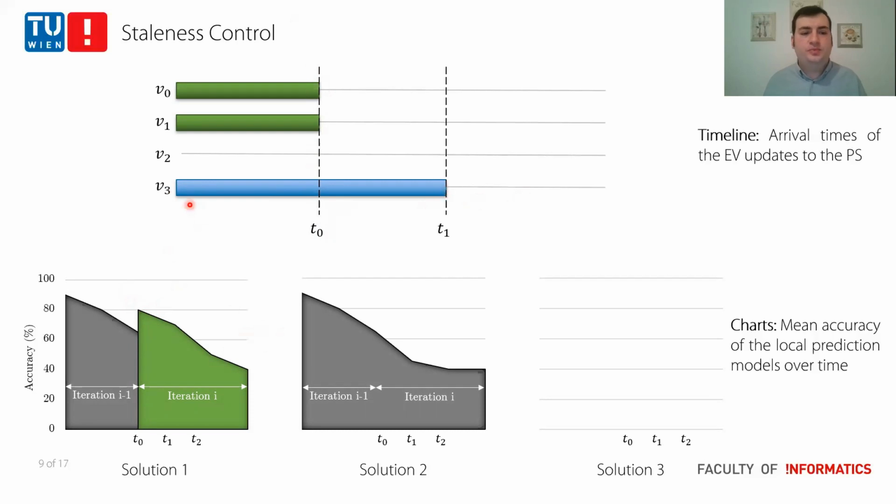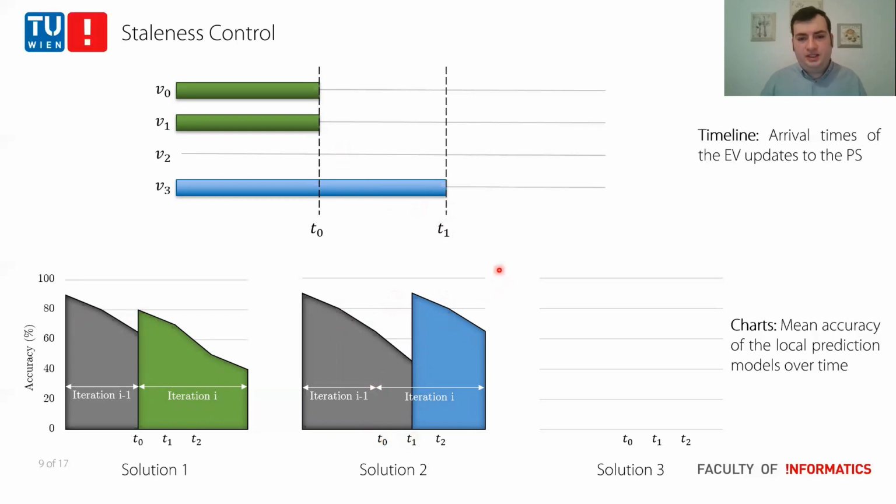So let's assume that vehicle 3 has access to the network faster. So at time t1, we have the third update. So we have more information and we are able to build maybe a more accurate model in this case in comparison to solution 1. But the problem is we have to tolerate the stale model between t0 and t1.